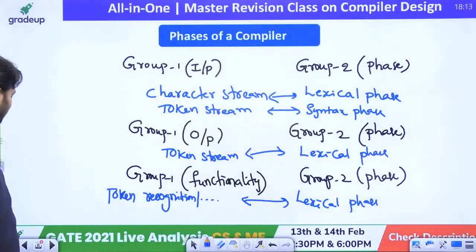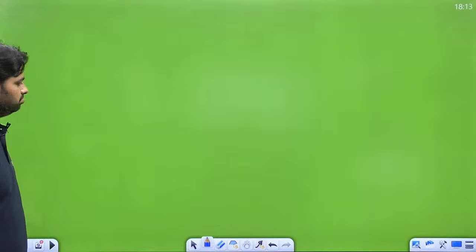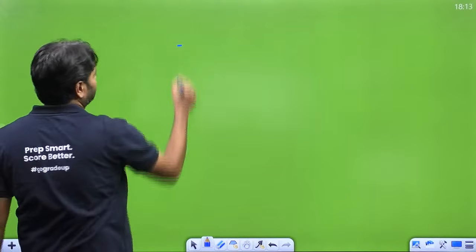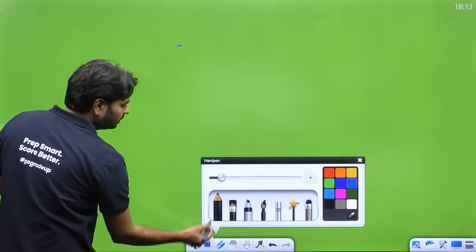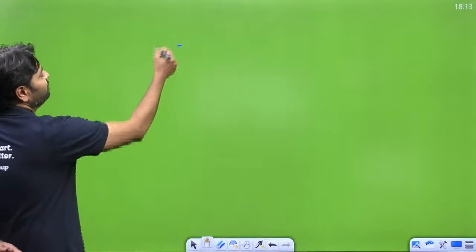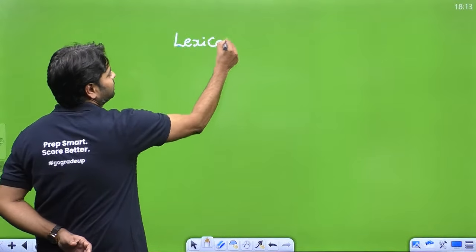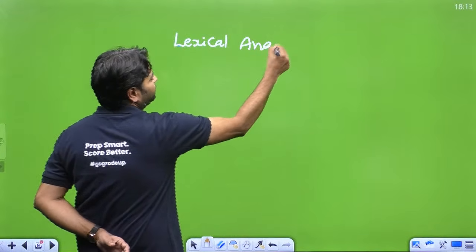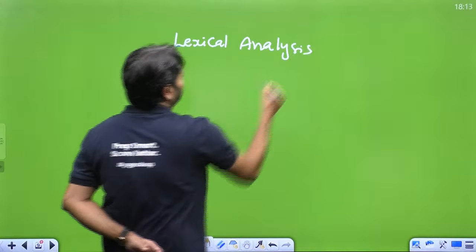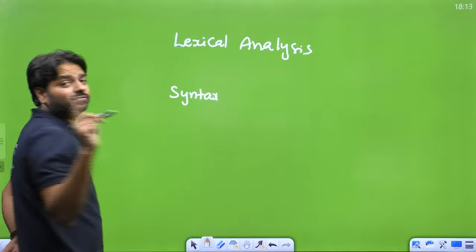So let me give you one idea about it. Good. Green screen. Let me write with white color. Okay, we have the phases. Tell me what you know about lexical analysis, and what do you know just in the phases of compiler?